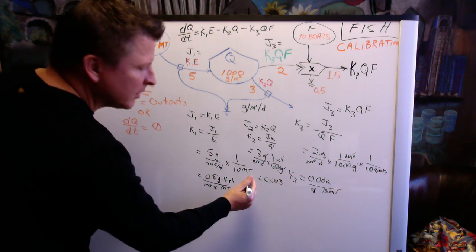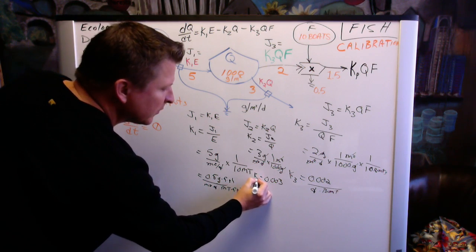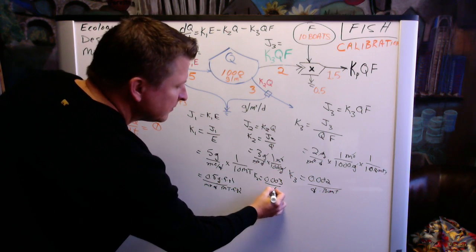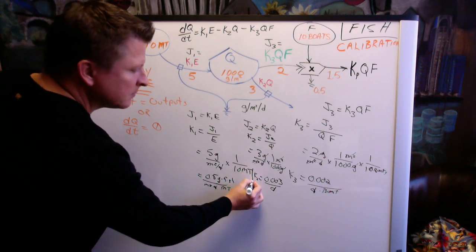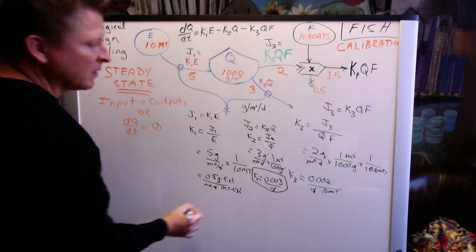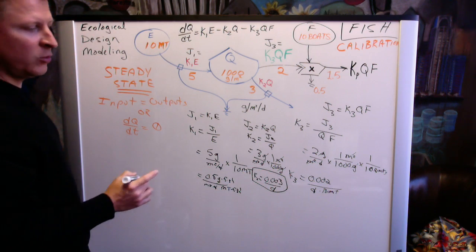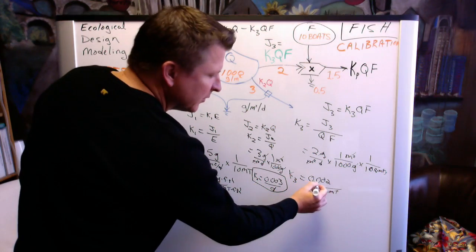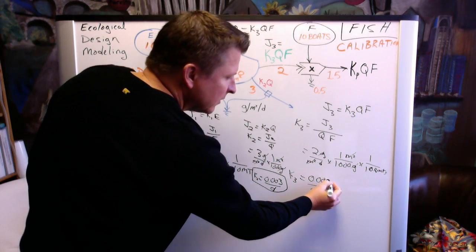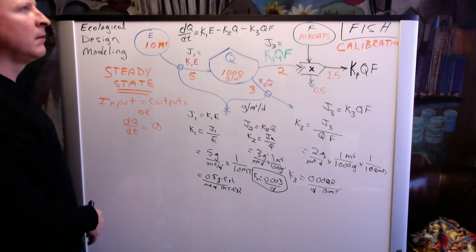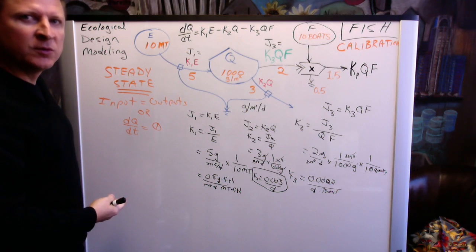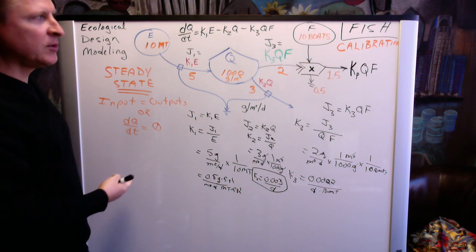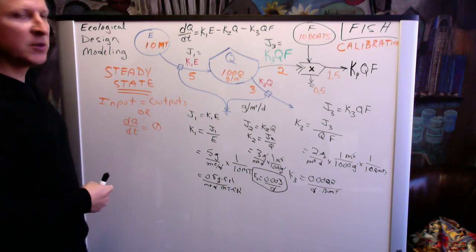We're left with K2 equals 0.003 per day. We left out a decimal place in our K3, so that should be 3 zeros and a 2. Now we're ready to move to the Excel spreadsheet. We have our calibration values, we have our equation, so let's go there next.